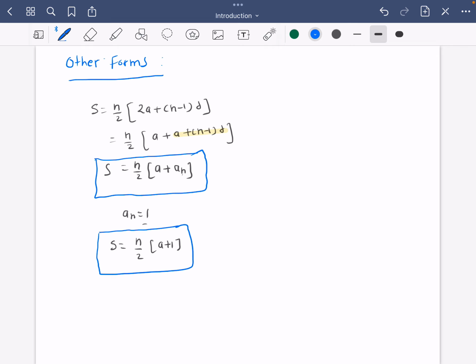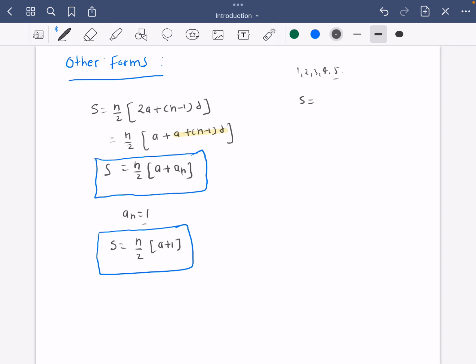Now how do you find out? Well, let's say these numbers are positive integers: 1, 2, 3, 4 and 5. So how do you find the sum of the first n positive integers? Positive integers always make an AP: 1, 2, 3, 4, 5, 6.